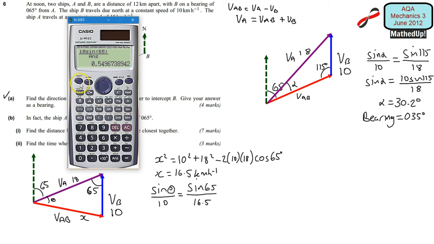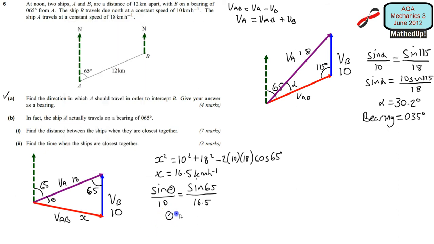To change that into an angle, that tells me theta is equal to 33.3 degrees. So my bearing here is going to be 65 plus 33.3 degrees.